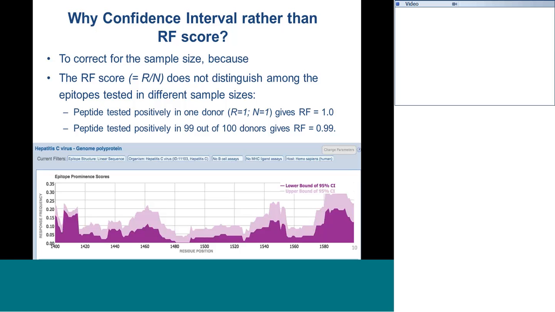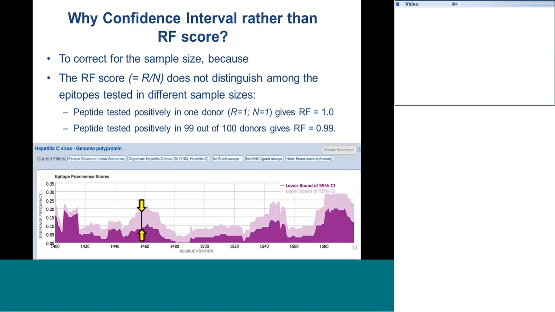And if another peptide was tested positively in 99 out of 100 donors, then we will have a raw score of 0.99, which is a lower number. So based just on score, we would say, okay, the first peptide is more immunodominant than the second one, while it's not correct. So that's why we don't show a score, we show just the confidence interval.